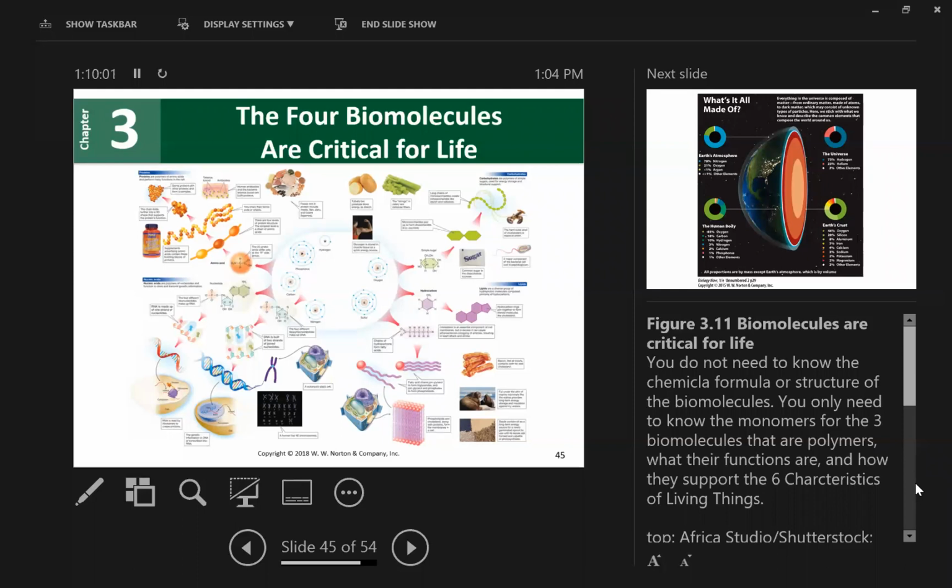Those 6 characteristics of all living organisms can be found back in chapter 1. This is another figure that I would put a Post-it note on and really make sure that you understand. And then find the connections between how these biomolecules support those 6 characteristics of living things.